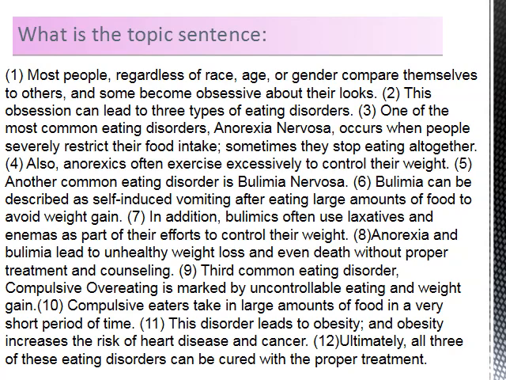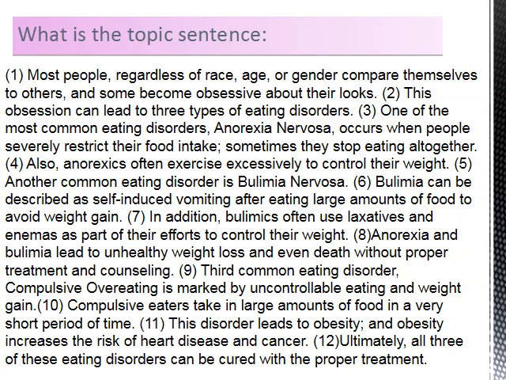And number 5, another common eating disorder is bulimia nervosa. No, because being obsessive about their looks really doesn't connect as much as we would want it to with bulimia nervosa, as another sentence may. So, having said that, I've just found 3 sentences that really don't relate back to that, so we're going to scratch that off of our list as being the topic sentence.